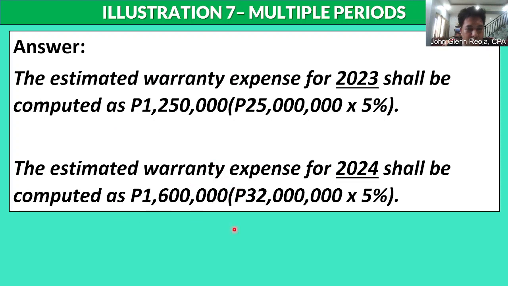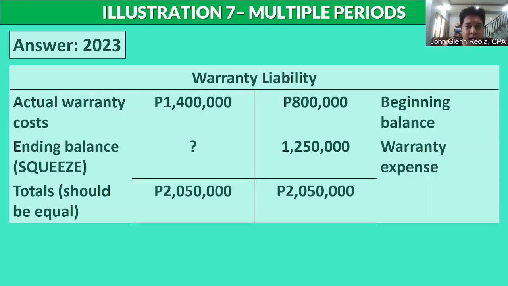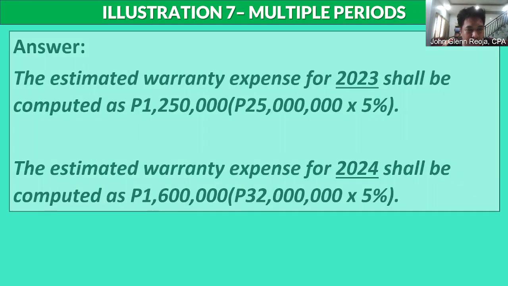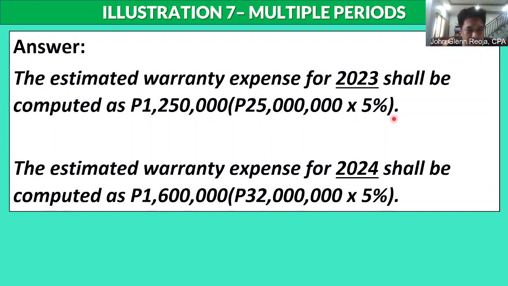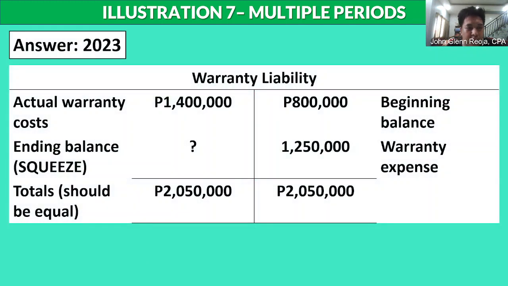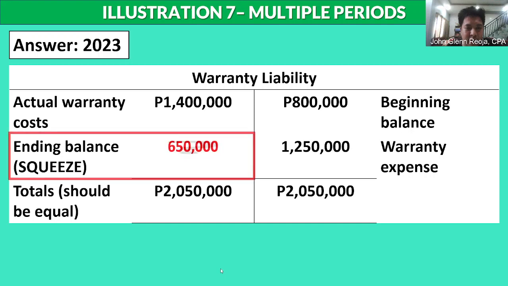For 2024, 1.6 million. For the year 2023, 800,000 is the beginning balance. Then we have 1,250,000 warranty expense, which is computed as 25 million times 5%. And then, we actually incurred 1.4 million warranty costs. Therefore, we have an ending balance of 650,000.